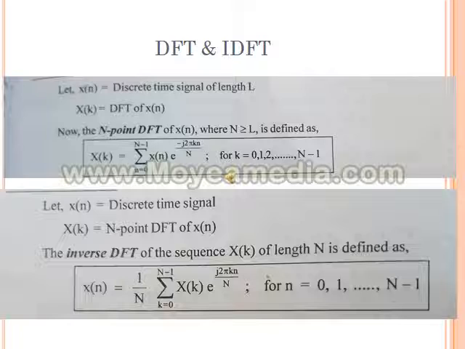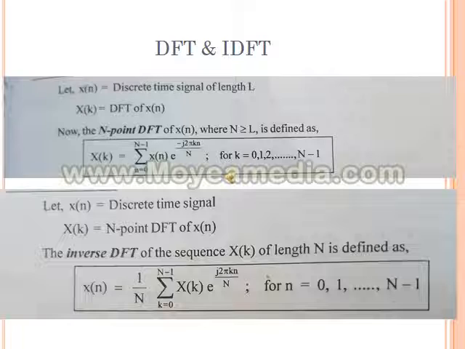If we compare these two expressions, we note that in case of DFT, on the left hand side we have capital X[k] because we are finding the DFT, and in case of IDFT we have to recover the signal x[n], so on the left hand side it would be small x[n].